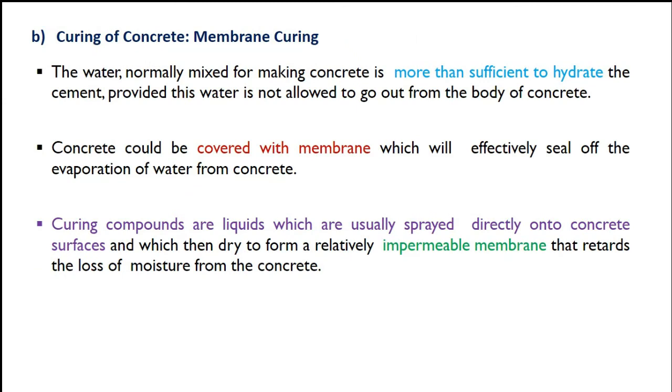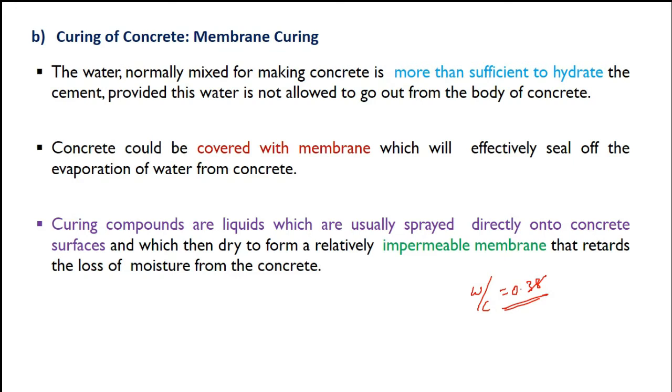And the second one is membrane curing, curing of concrete by membrane. As I told you, the water by cement ratio that we have adopted here, 0.38, is sufficient for the cement to completely hydrate. So what you need to do is just avoid the loss of water from the concrete, right? So we are going to use curing compounds.